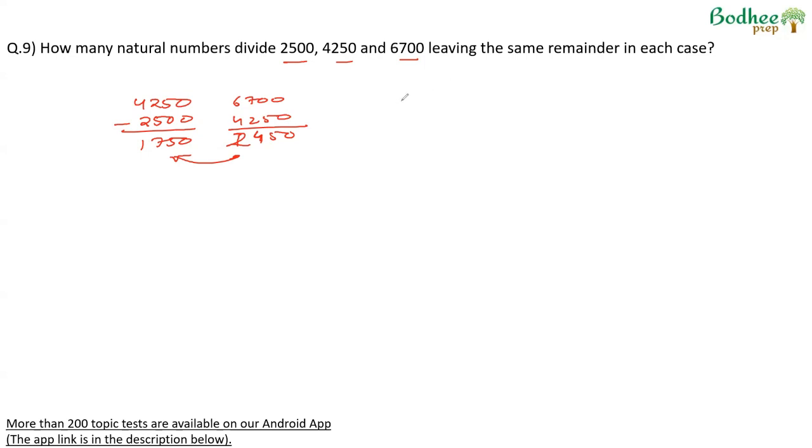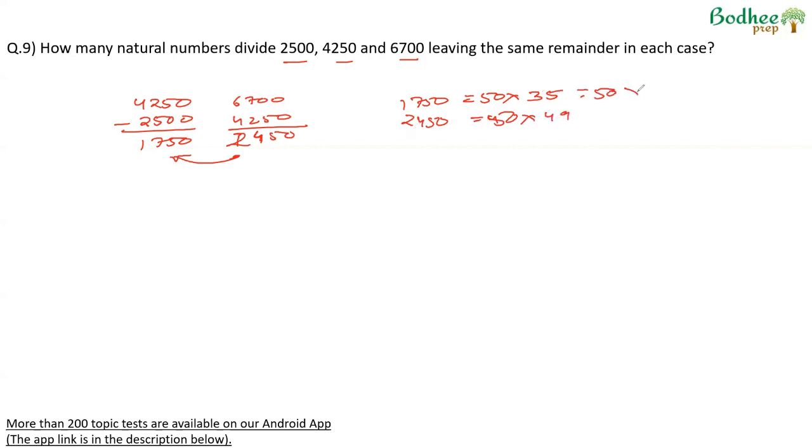What is the HCF of 1750 and 2450? 1750, if we divide by 50, we will get 35. 2450 divided by 50 gives 49.